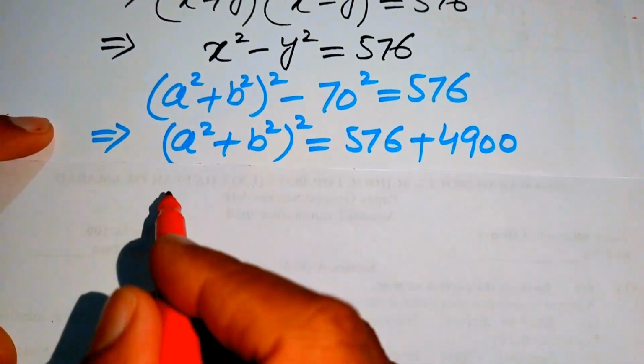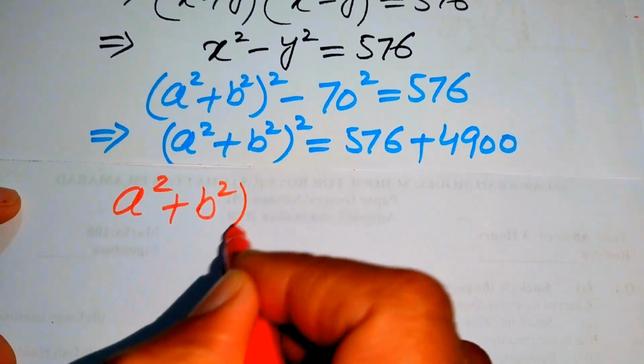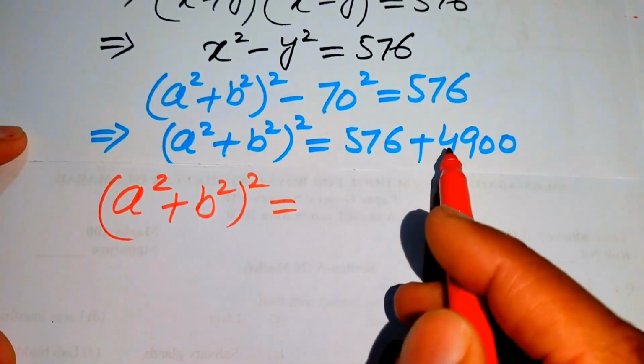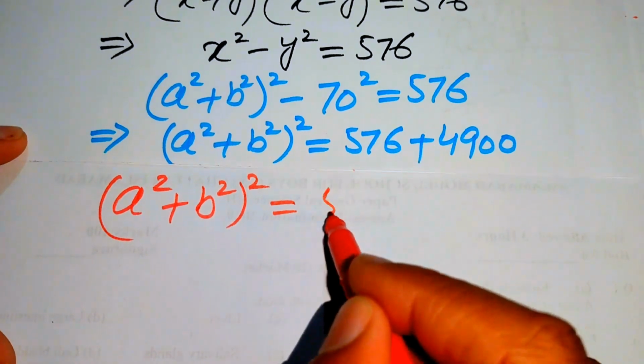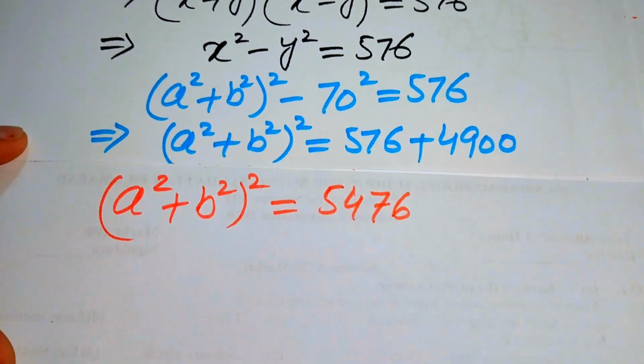In the next step we simplify the terms and we have (a² + b²)² equals, we add these two values and we get 5476.